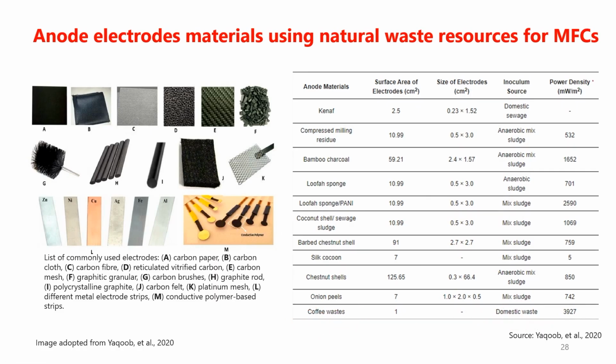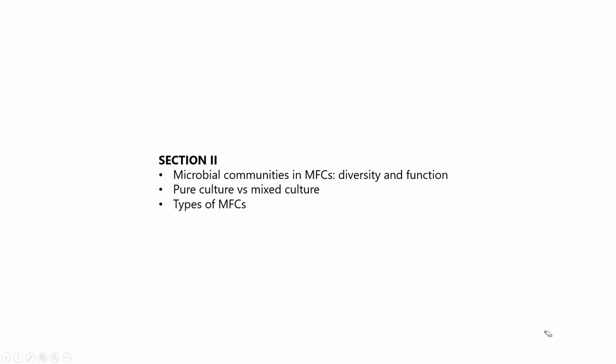And we can see here the power density in milliwatt per square meter. In certain cases it can be very, very high, as in the case of coffee domestic waste.